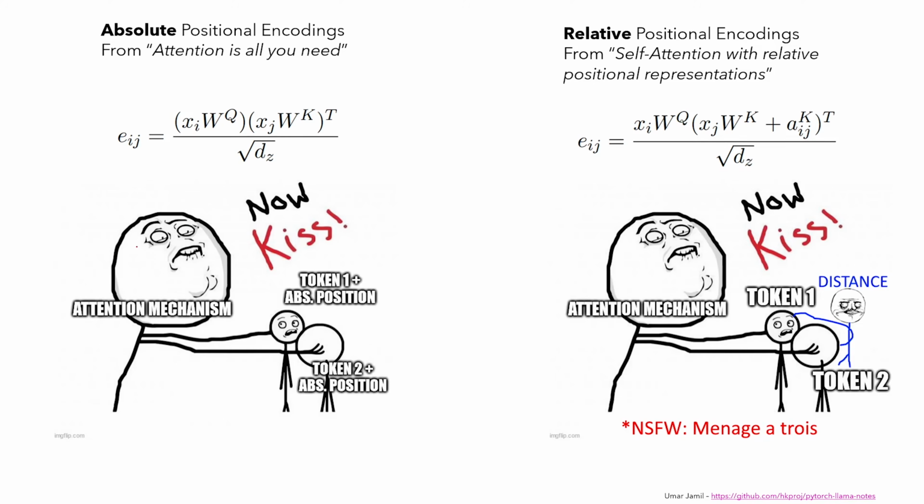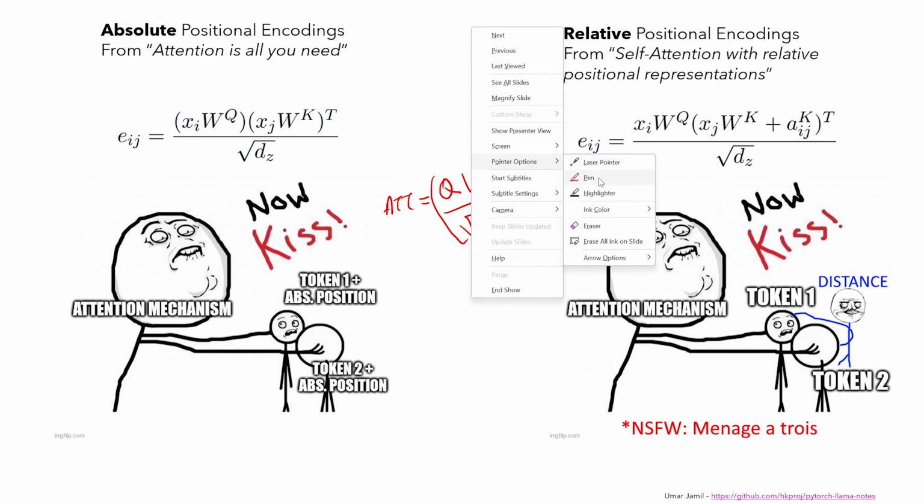The attention is equal to the query multiplied by the transpose of the key, divided by the square root of d_model. Then we do the softmax and then we multiply by V, etc., but we only concentrate on Q multiplied by K transposed in this case.